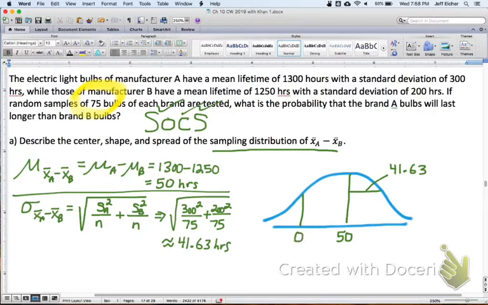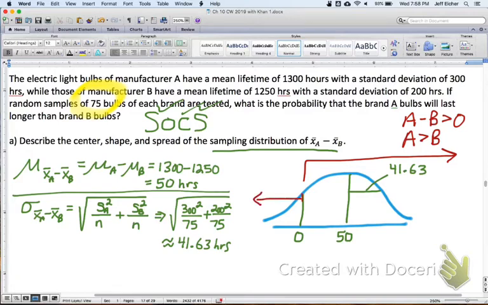Anything on this side of 0 would mean that A was lasting longer than B, also known as A minus B is positive, greater than 0. Those are equivalent statements. Anything on this side of 0 would be A minus B is less than 0, or also known as A is lasting not as long, less than B.